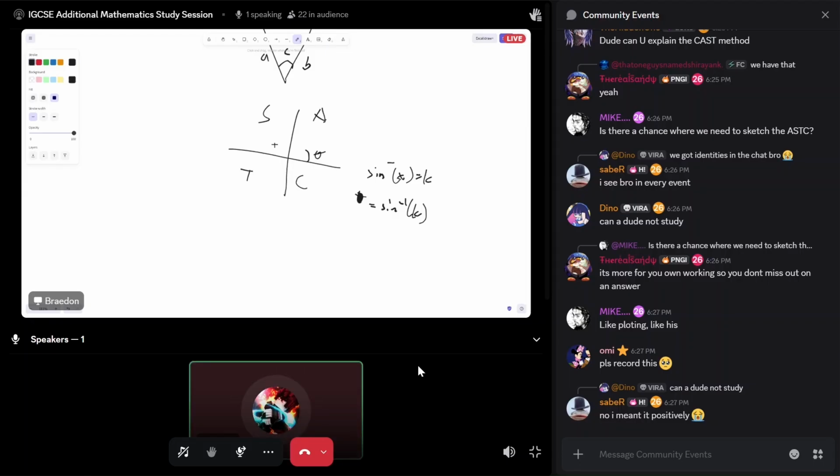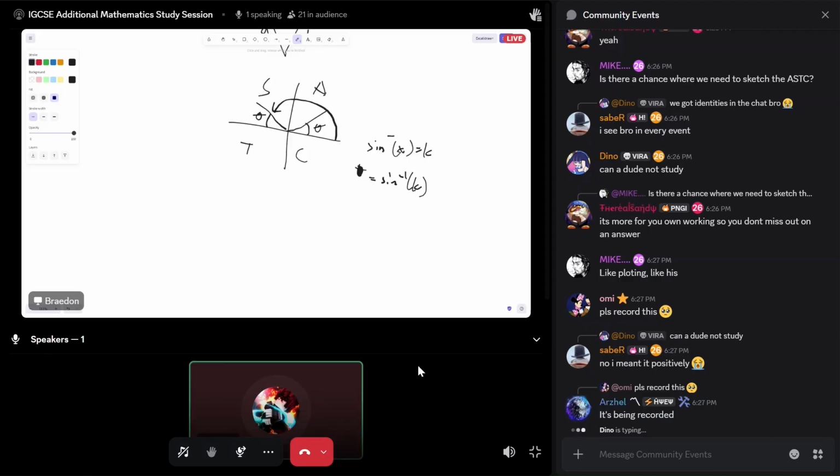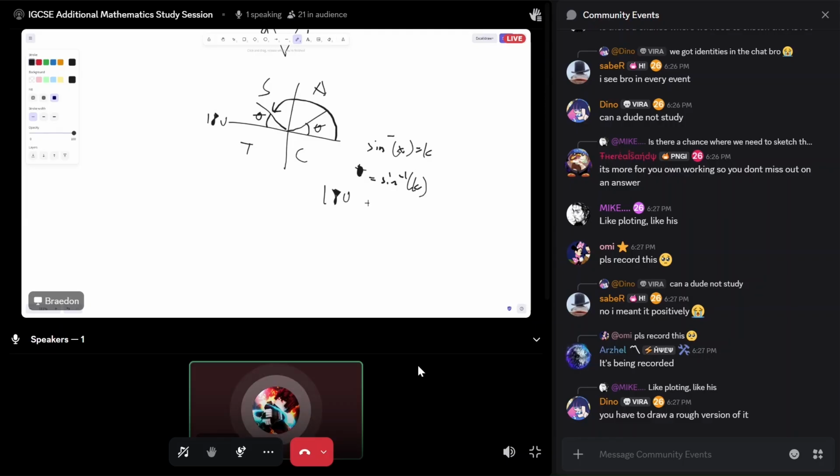So your angle will be here, and this is your principal value. But to count your final angle, you always start at the A and go anti-clockwise, boom, here. This is your other angle, and you know that this is 180, so the other answer is just 180 minus principal value.